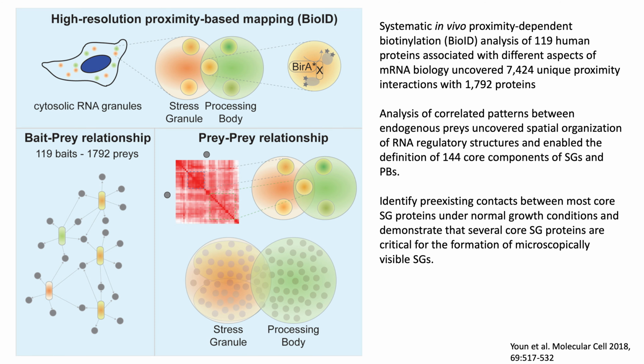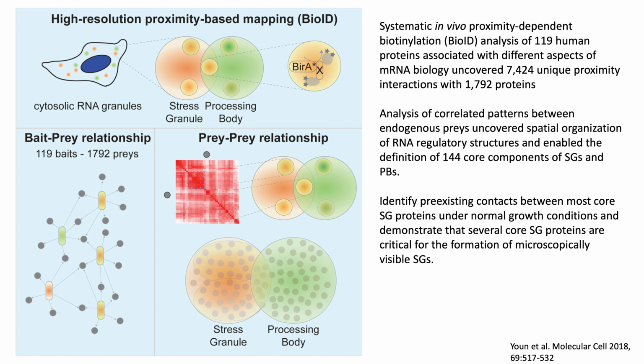So this is an example using BioID, where the authors were using this method to look at proteins associating with mRNA biology, looking specifically at proteins in RNA granules, either stress granules or processing bodies. Using the methodology, they were able to find over 7,000 unique interactions with nearly 1,800 proteins.